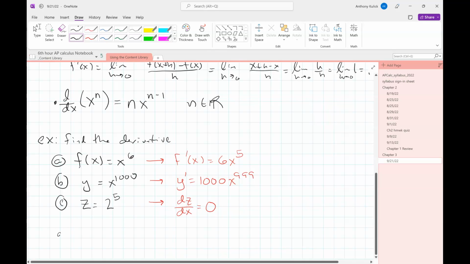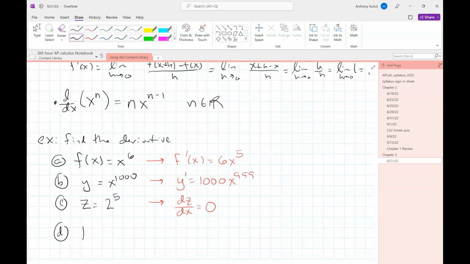Yeah, I try. How about f of x is equal to 1 over x? So you'd want to think about this as x to the negative 1. So that would become negative x to the negative 2, or negative 1 over x squared.